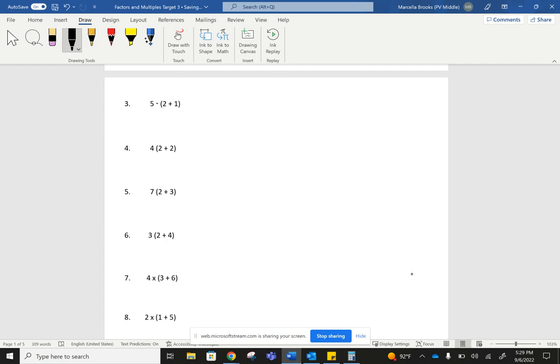So you're going to do the same thing. You're going to distribute the 7 to the 2 and the 7 to the 3. So this is going to become 7 times 2 plus 7 times 3. If we do our multiplication, we come out with 14. Bring our addition sign down, and then 7 times 3 is 21. And we're going to leave it like that.